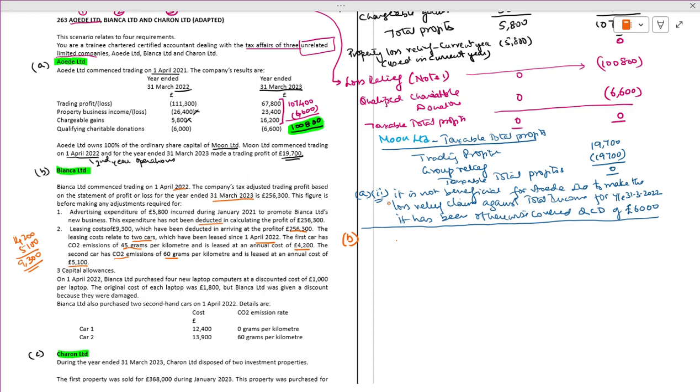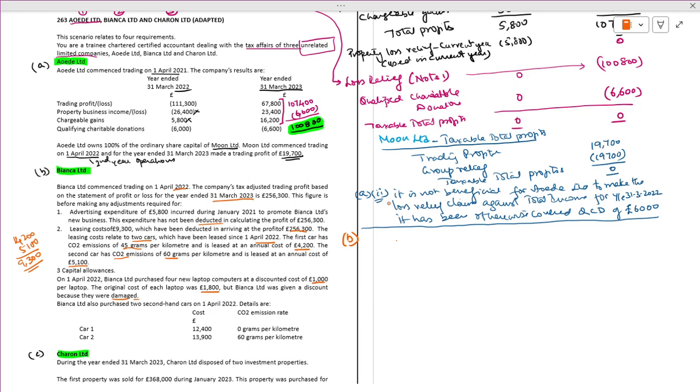Capital allowance. On 1st April, Bianca purchased 4 new laptops at a discounted cost of 1,000 per laptop. The original cost of the laptop was 1,800, but Bianca was given a discount because they were damaged.